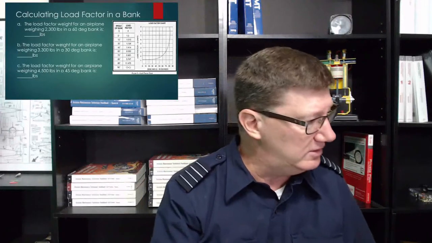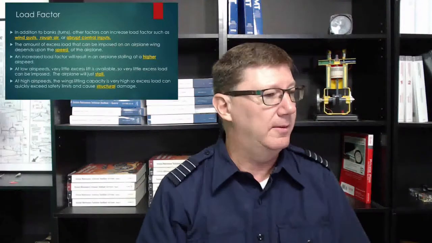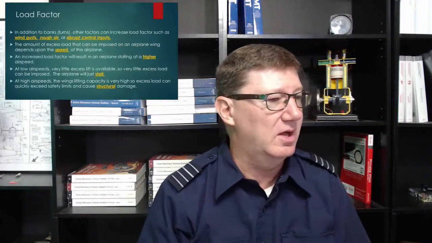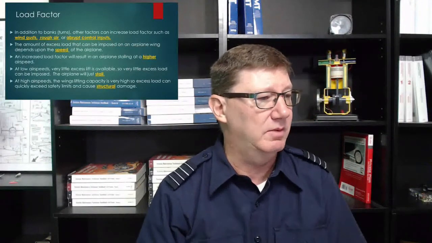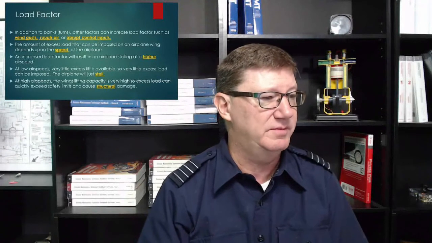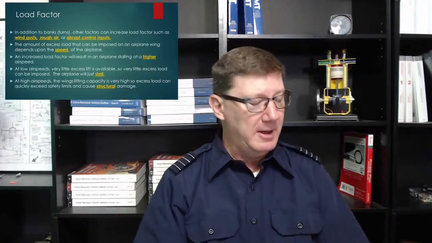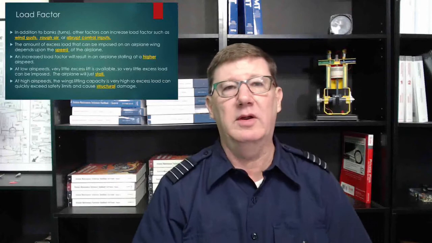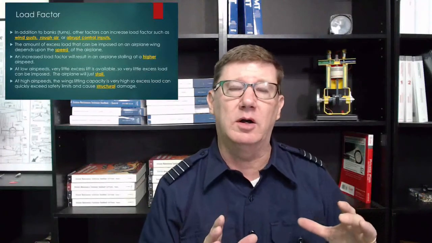But as we continue on with the questions here, the amount of excess load that can be imposed on an airplane wing depends on the speed of the aircraft. If you remember a few earlier lessons, we were looking at the airspeed indicator, and there's a yellow arc up in the higher speeds.